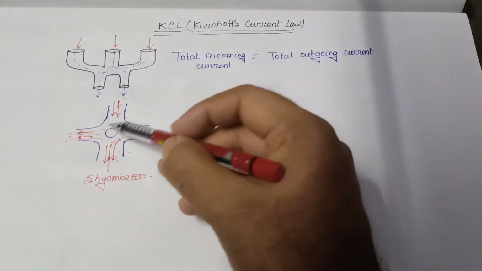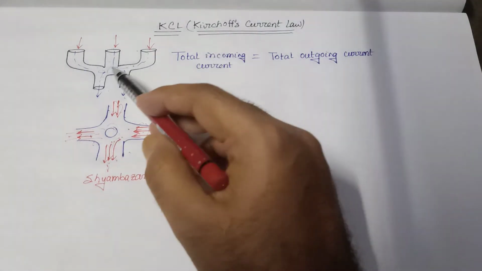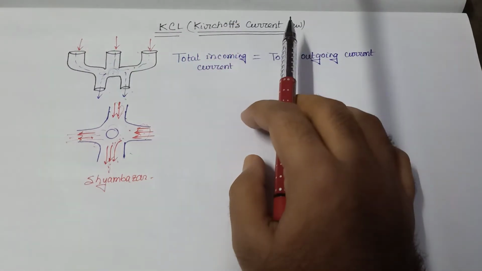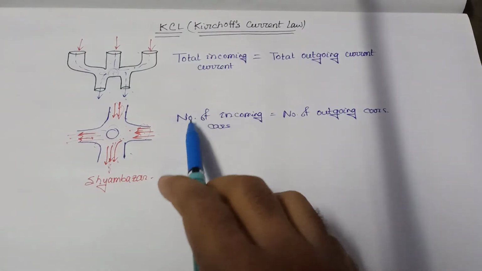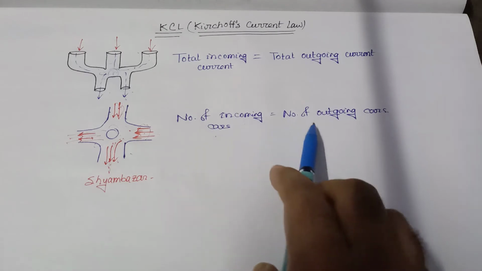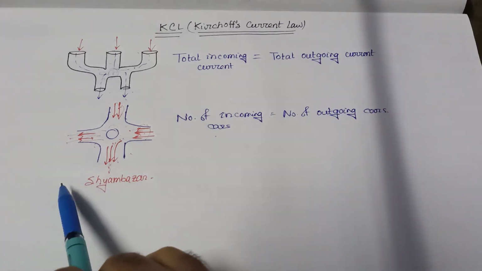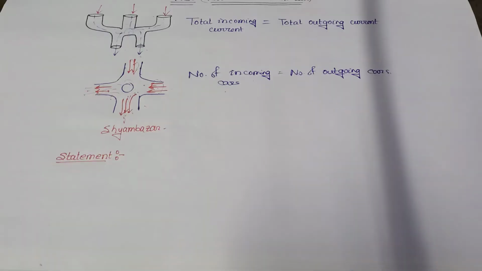No car will stand in the middle. Same here, no water was stored here. Here we can also write that the number of incoming cars is equal to the number of outgoing cars. Clear? Now write down the statement of KCL.